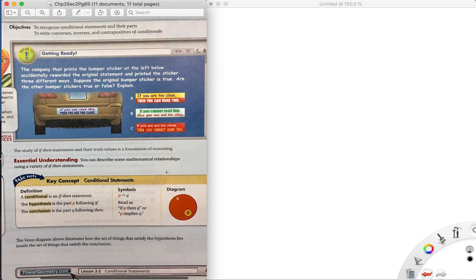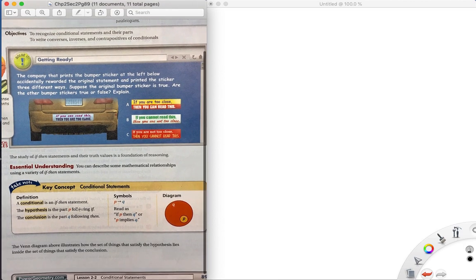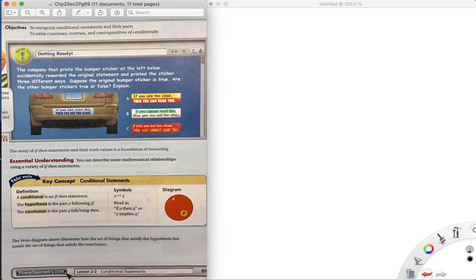Here we have conditional statements, if-then statements, hypothesis, conclusion. So, this is the world of what we call deductive reasoning.